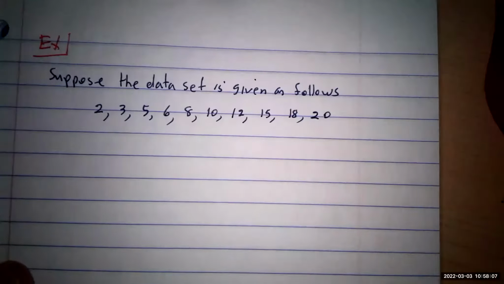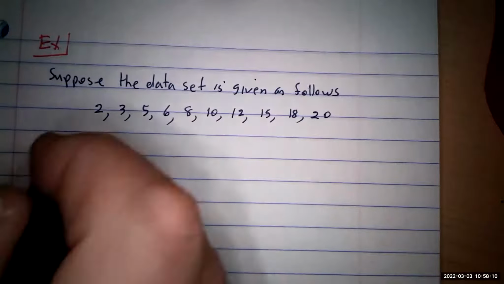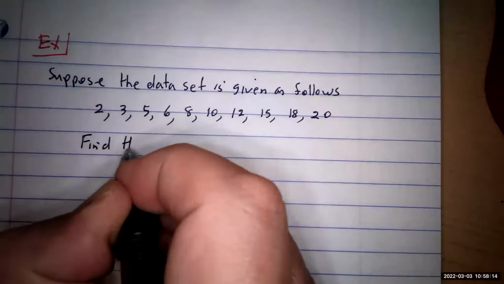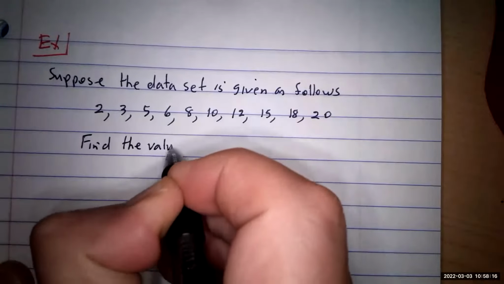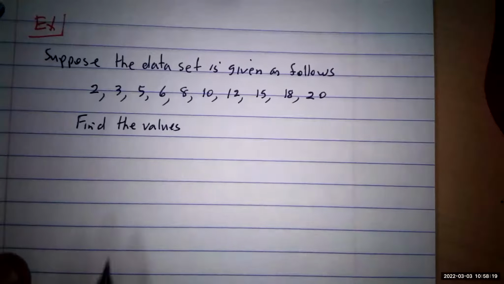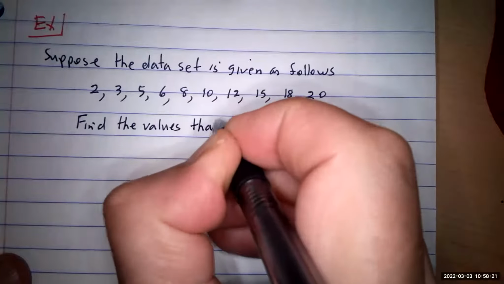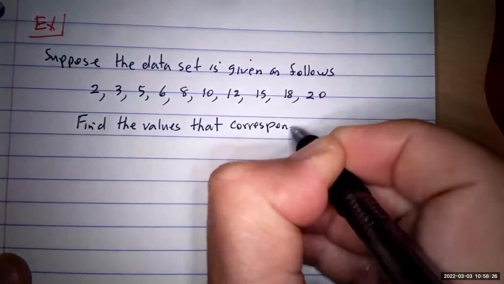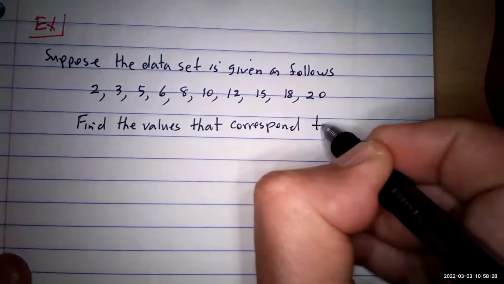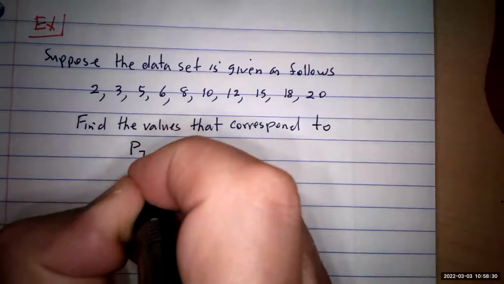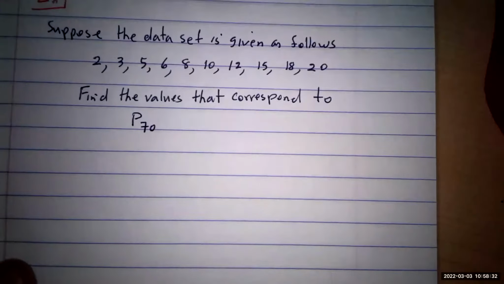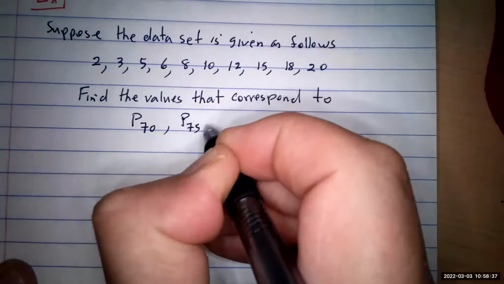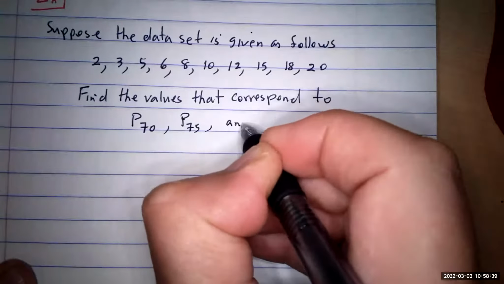It's already been ordered. So what we'd like you to do is find the values that correspond to the following: P70, P75, and P80.